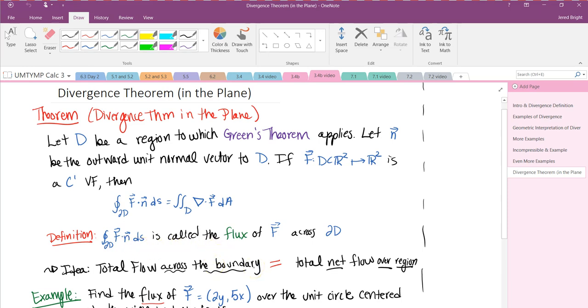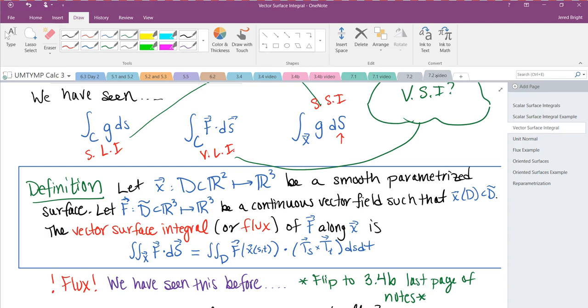Where that came into play was looking at the total flow across the boundary and comparing that to the net flow over the region, and we eventually said that those were the same. So flow is really discussing how much is coming across the boundary. We're going to use that idea here in our understanding of vector surface integrals.